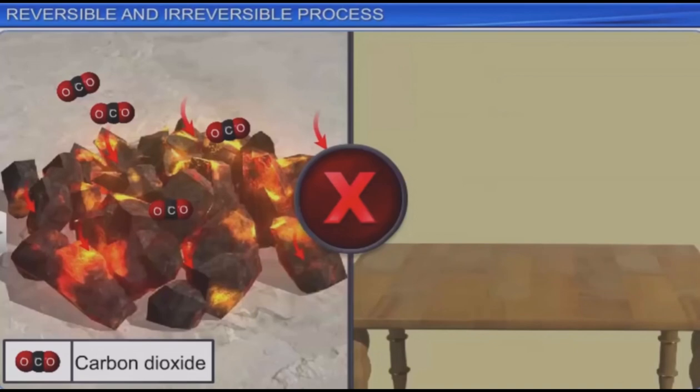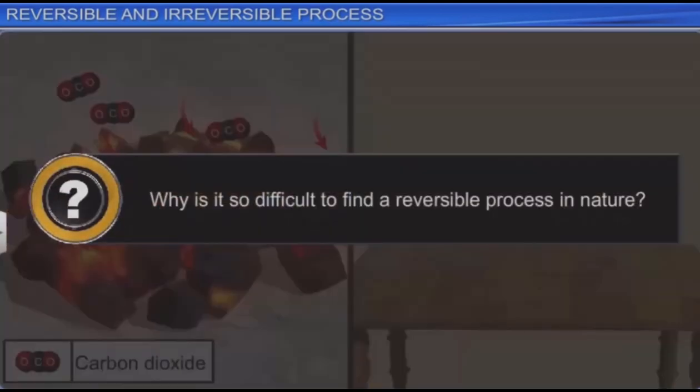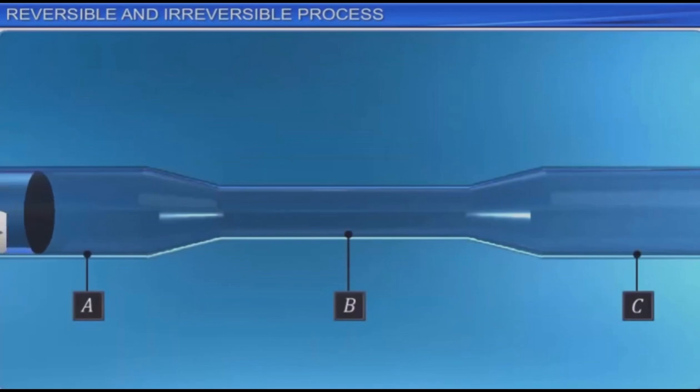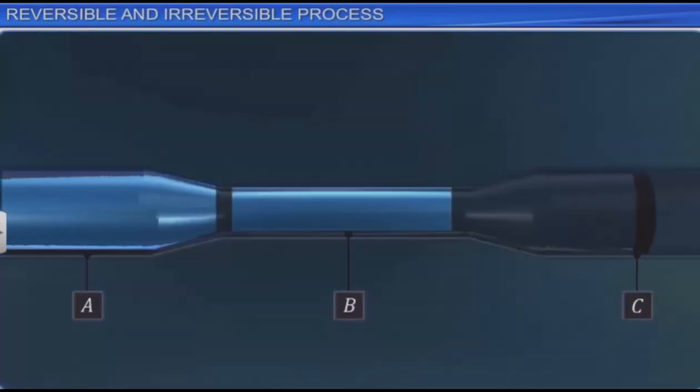Why is it so difficult to find a reversible process in nature? Let us consider a steady flow of liquid through a pipe of variable cross-sectional areas. As the liquid flows through the pipe, it may have different speeds at different points. Let the speed of the liquid at A be V1.